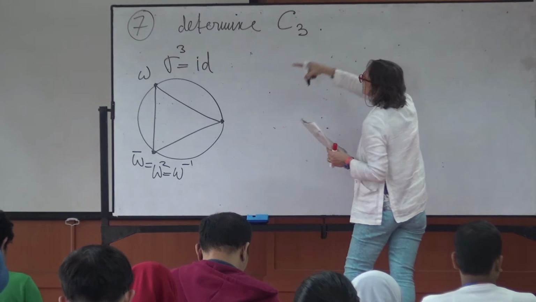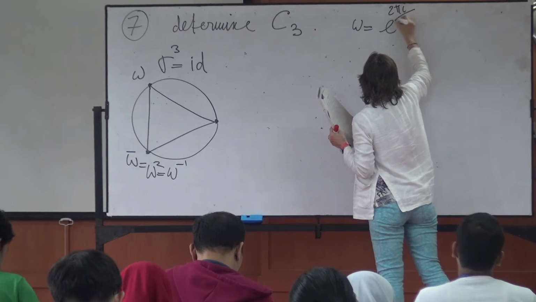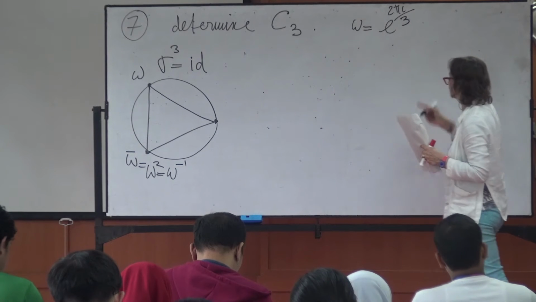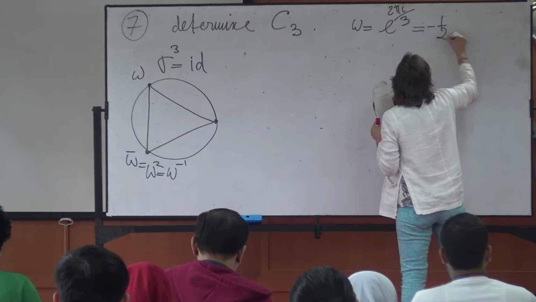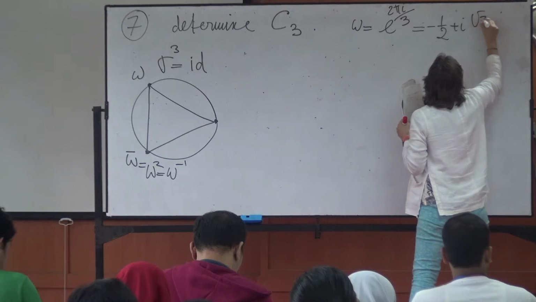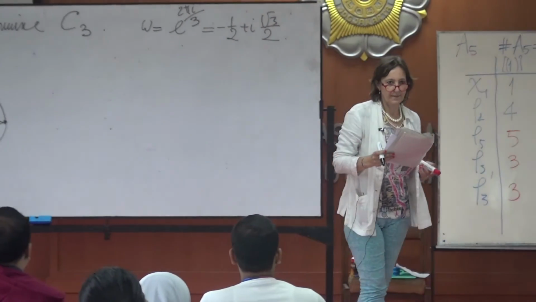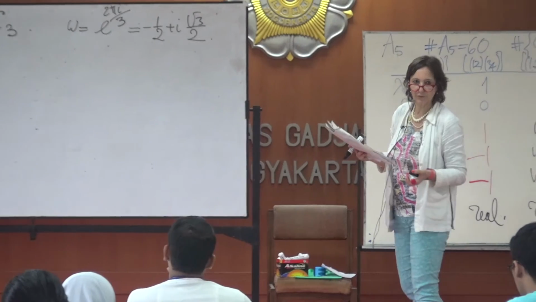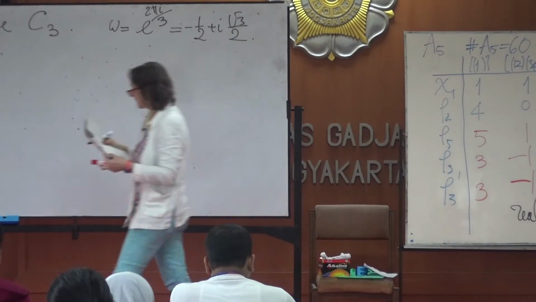If you have omega, here is e to the 2 pi i over 3, for example, we can choose this. And this is minus a half plus i times square root 3 over 2. Okay? It's a cubic root of unity. It's cos of this here.